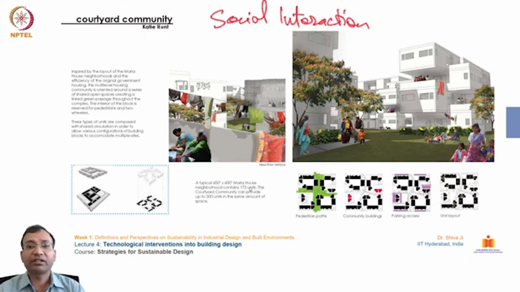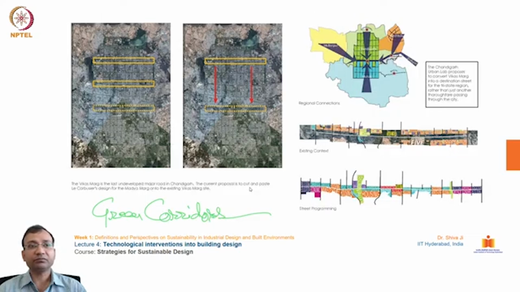And then the last one talks about creating the unit layout. If we create such a layout, these layouts can be replicated and implemented at several places to emulate this concept. So these are softer strategies adopted for improving social interaction in the given society.